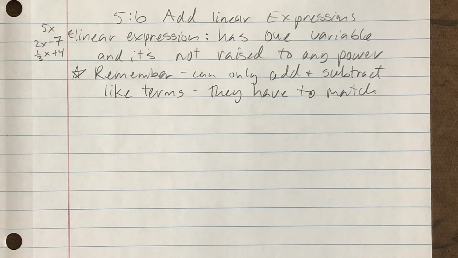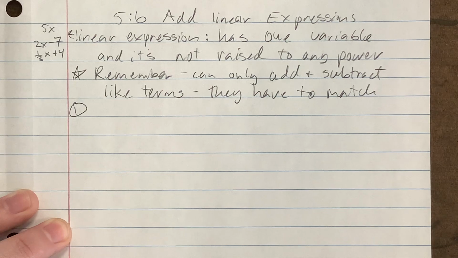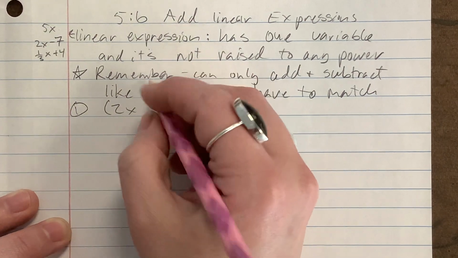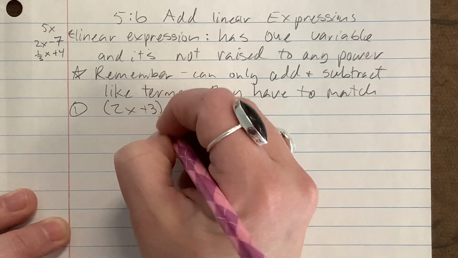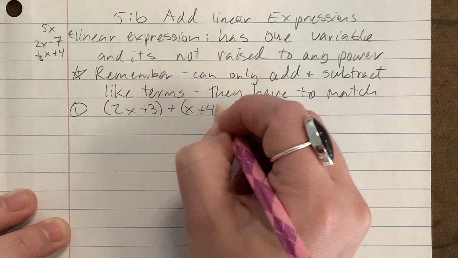All right, let's just do some examples then. Really what this is doing is combining what we did yesterday with simplifying and then throwing in some distributing as well. I don't think it's going to be too bad. So 2x plus 3 plus x plus 4.